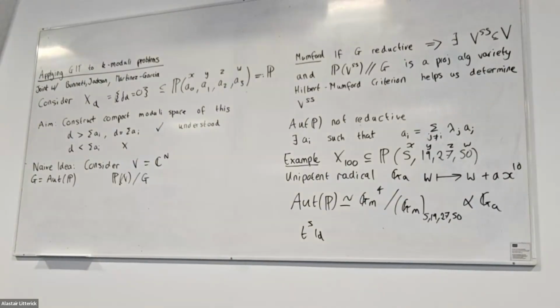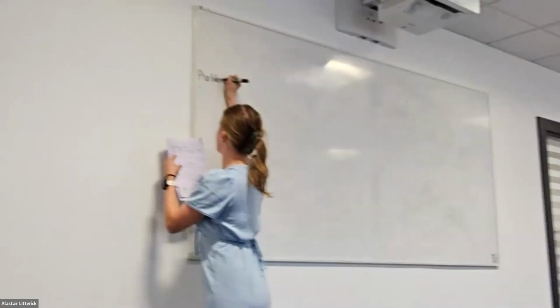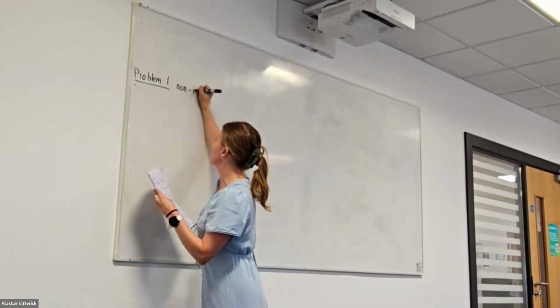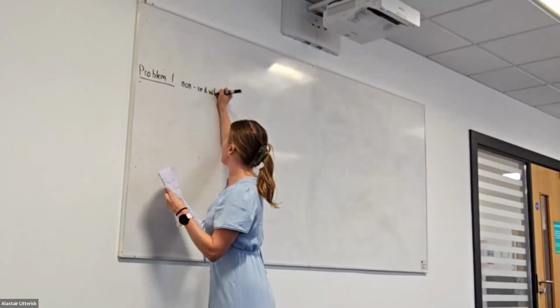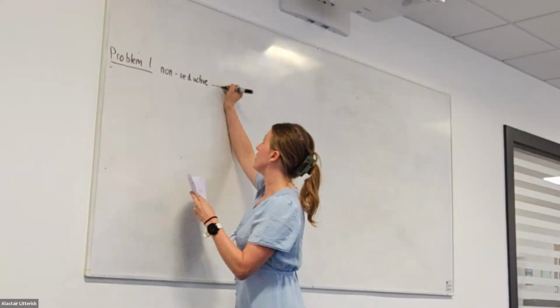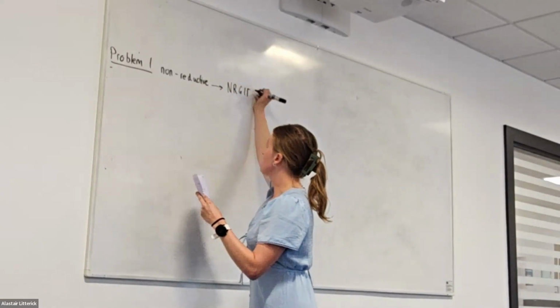Okay, so now for the moduli spaces, there are 2 problems. Problem 1, as I've already mentioned, is that it's non-reductive in some cases. So our solution for that is non-reductive GIT.